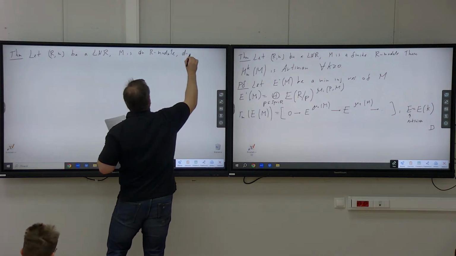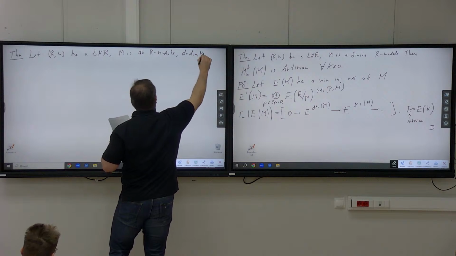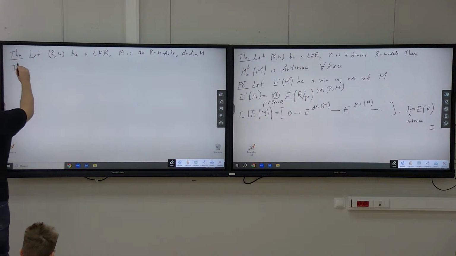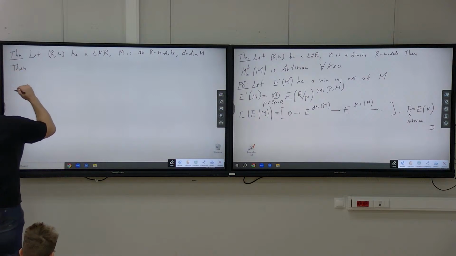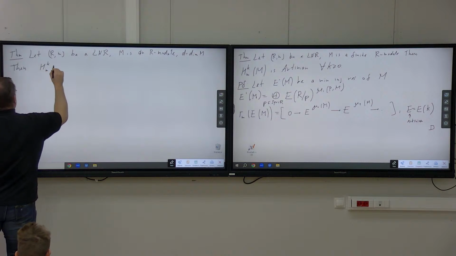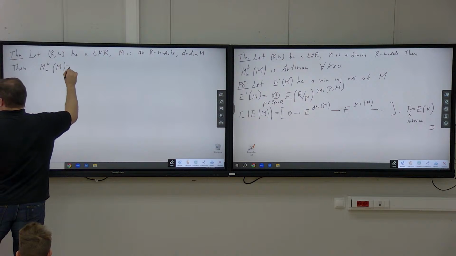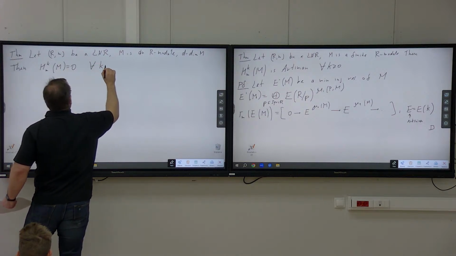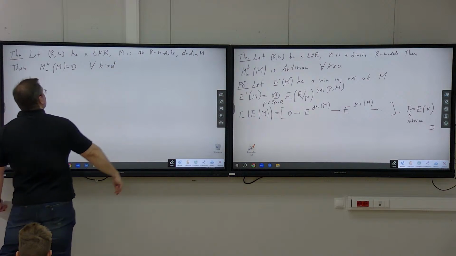Let's fix d to be the dimension of M. Then H^k_m(M) is equal to 0 for any k greater than the dimension of the module.